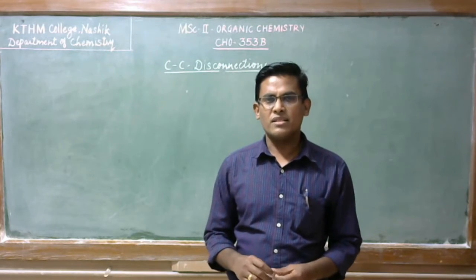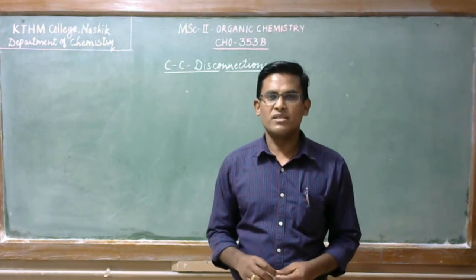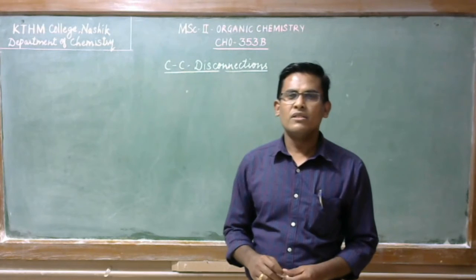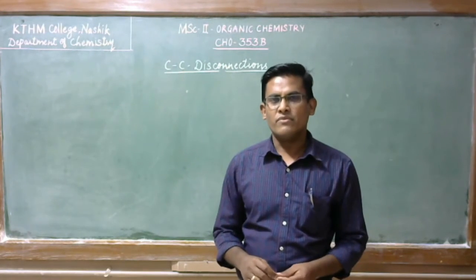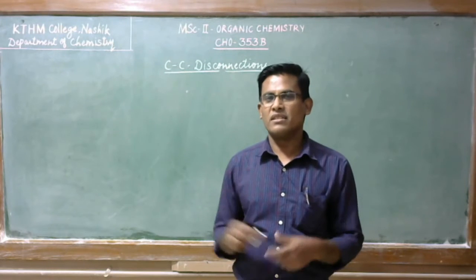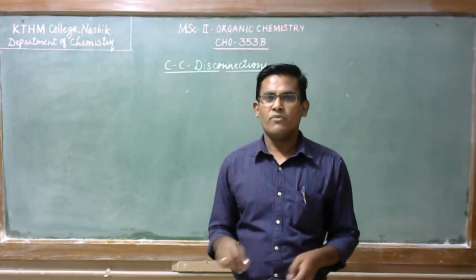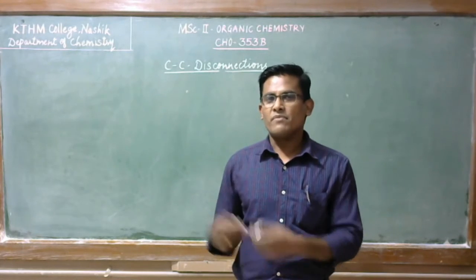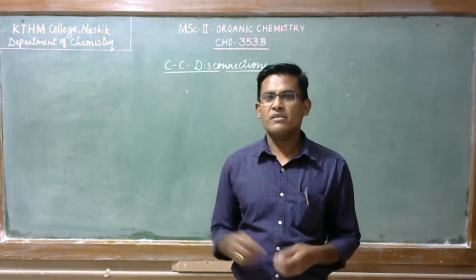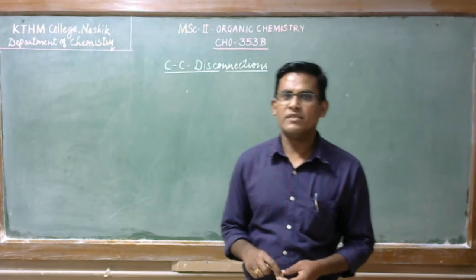In the last lecture we have seen the carbon-carbon disconnections. We saw a target molecule which contains the trans-alkene, and we know the trans-alkene can be obtained from alkyne by employing the Birch reduction, isn't it?